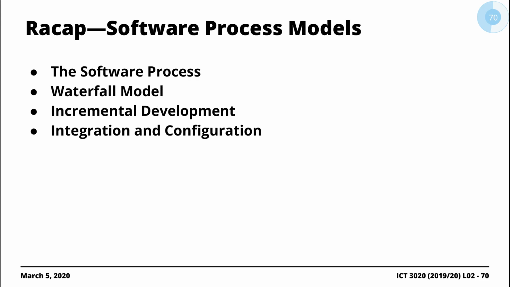Okay, and so just to recap on what we actually discussed in the section associated with software process models, we had a broad overview of why these software process models are important, and then we had a lengthy discussion on three types of software process models.